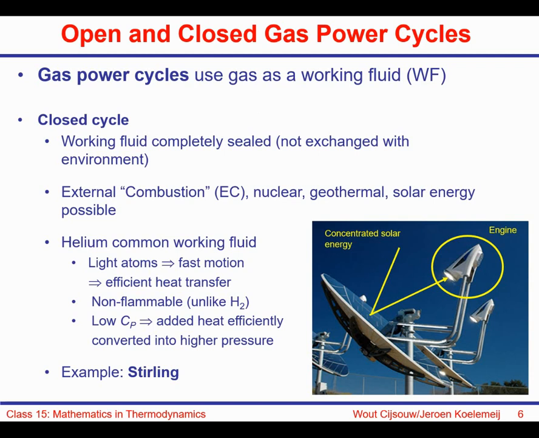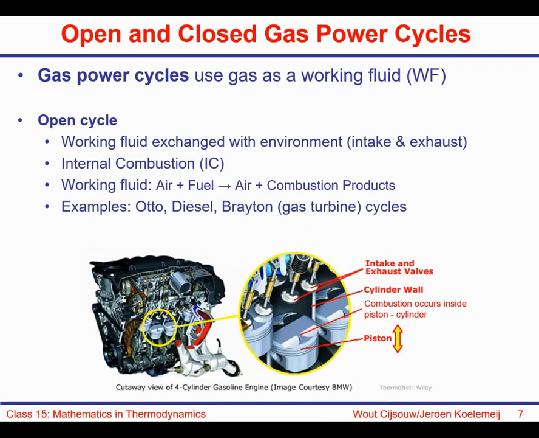So I already mentioned the Stirling engine as an example, so let's take a look at that. Actually, let me take that back because first I want to discuss open gas cycles where the working fluid is exchanged with the environment. So it's an open system. Engines have an intake and an exhaust. Clearly, we are talking about also the kind of engines that you will find in cars, traditional cars with combustion engines. The combustion takes place internally, and that's why they're called internal combustion cycles.